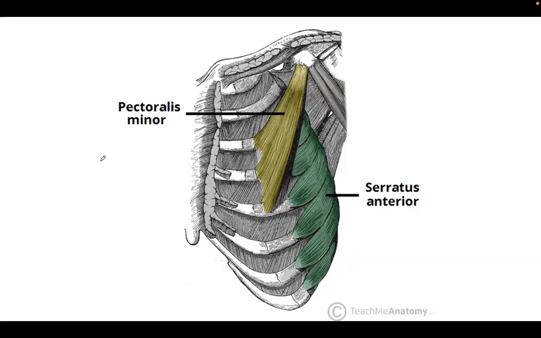The pectoralis minor is supplied by the medial pectoral nerve. Would anyone here happen to remember what the medial pectoral nerve is? It's C, fill in the blanks. This is C8, T1. Okay, C8, T1. So please take note of this.